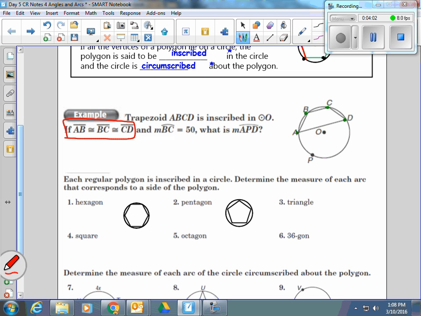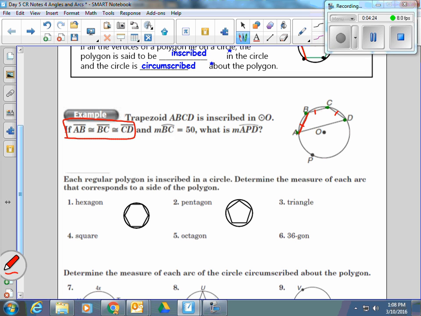So let me ask you a question. What is AB called? The chord. So what this is really saying, because in our brain we think line segment, but when we start talking about circles, that's a chord. So it's telling me that chord AB is congruent to chord BC, which is congruent to chord CD.